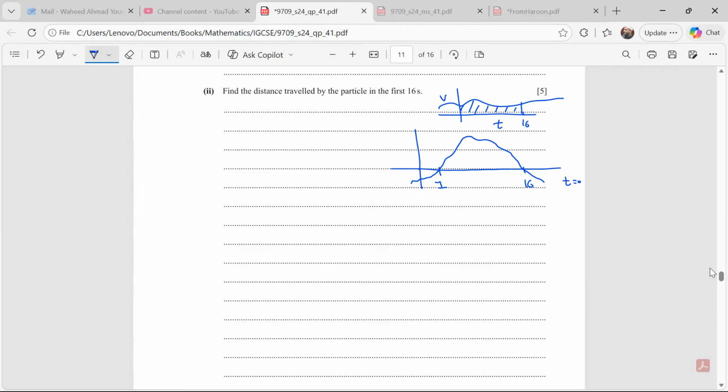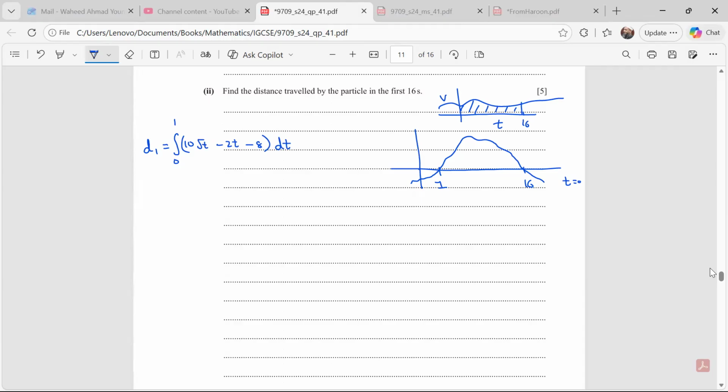Let me say d1 is the distance between time 0 and 1. So I will integrate this expression from 0 to 1. And what is this expression? It's 10 under the root t minus 2t minus 8, dt.